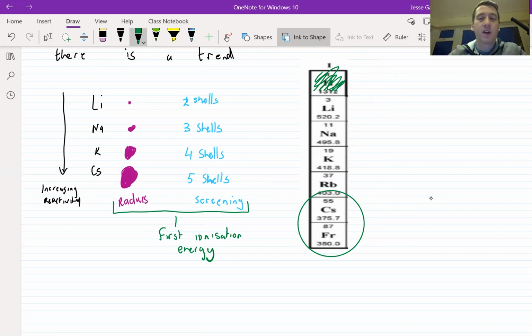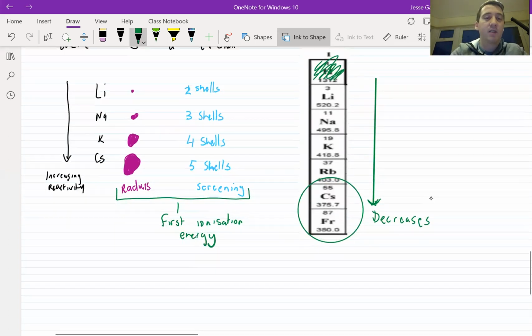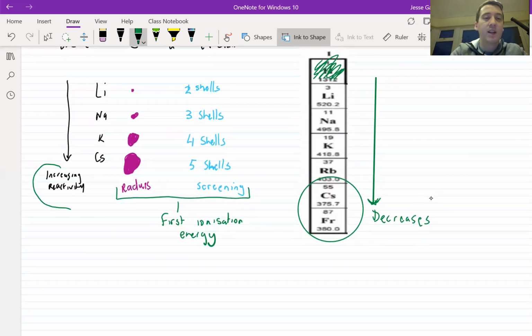So first ionization energy, sorry, it doesn't increase going down the table, it decreases. Because it decreases, that has the effect that it makes it easier to take an electron from them, and that has the effect that these are increasingly reactive. The easier they lose their electron, the more reactive they are.